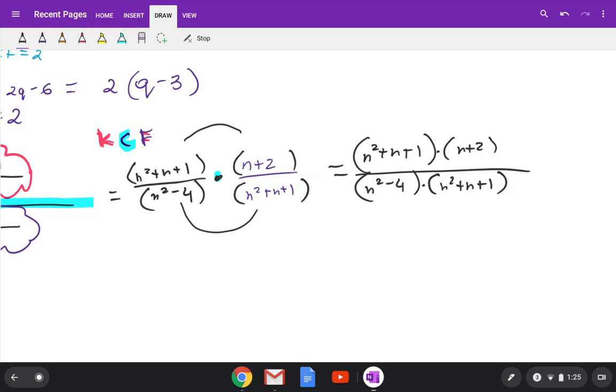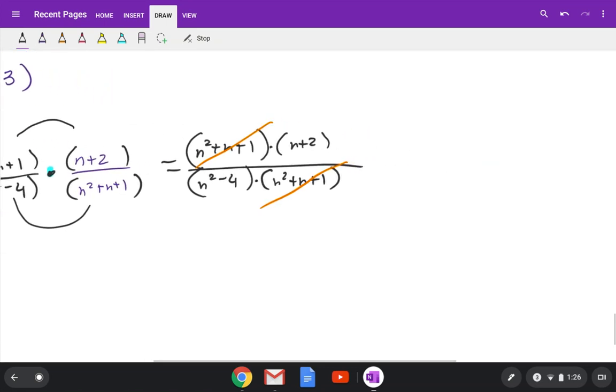And look what happened now. We actually can cancel those two parentheses because they are exactly the same. So we're going to rewrite this as n plus 2 over n squared minus 4.